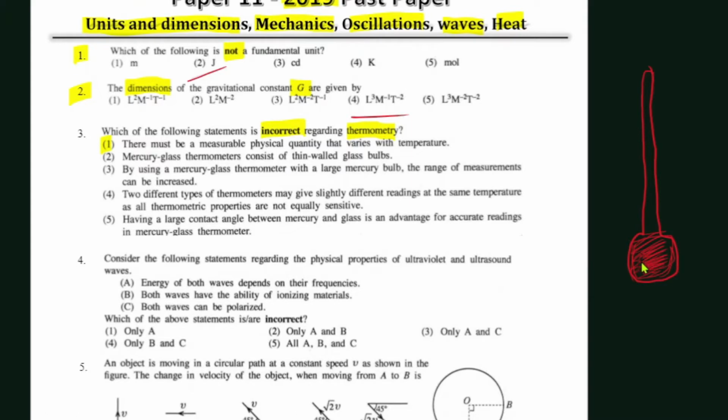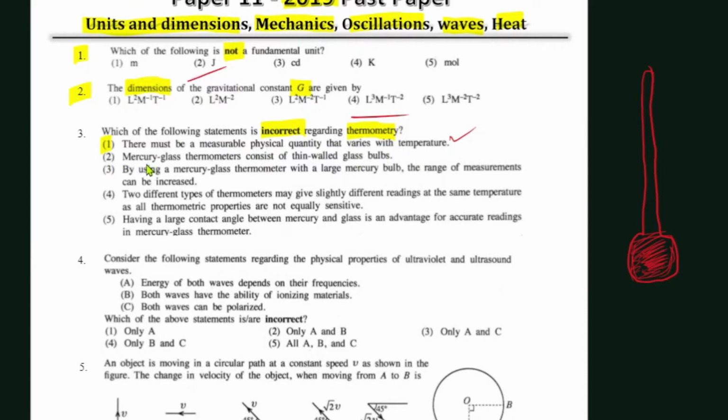The main thing a thermometric property should have is that it should vary with temperature, and it's better if it varies linearly with temperature. There's plenty of other stuff we need to consider as well, but this is correct: it should be a measurable physical quantity that varies with temperature.